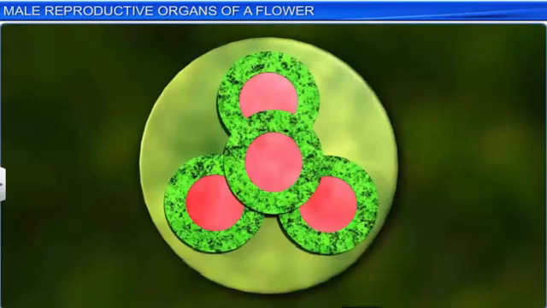In autogamy, pollen is transferred from the anther to the stigma of the same flower, and is seen in cleistogamous flowers or flowers which do not open at all.